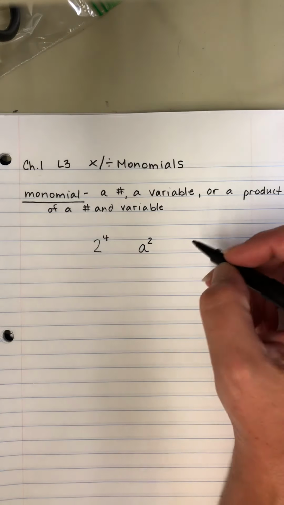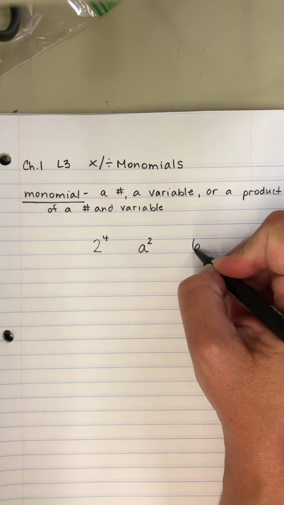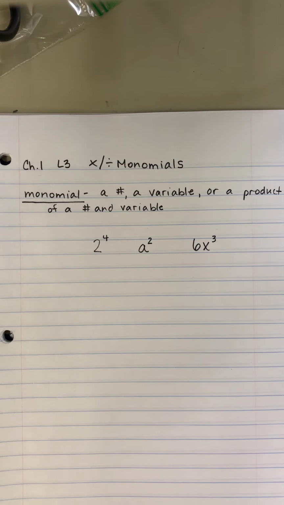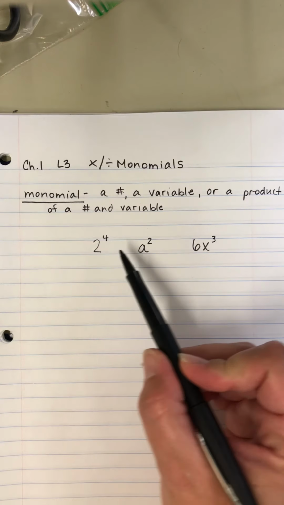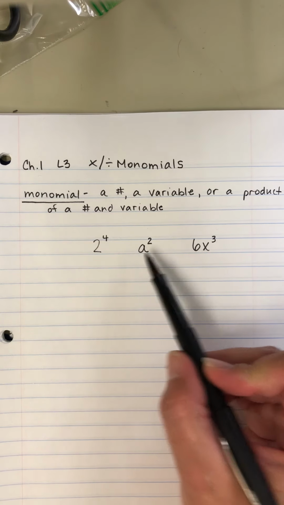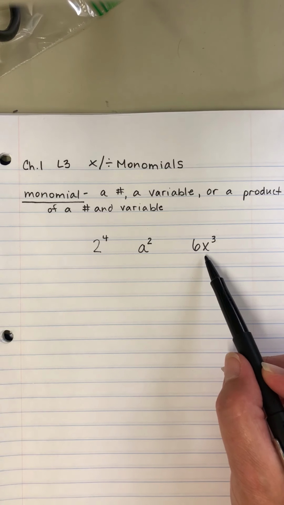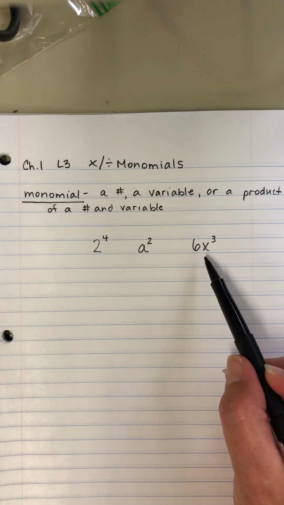It could be 6x to the 3rd power. All considered monomials. So this would be the number, this would be a variable, and this would be the product of a number and a variable, all together in one. Those would all fall under what a monomial is.